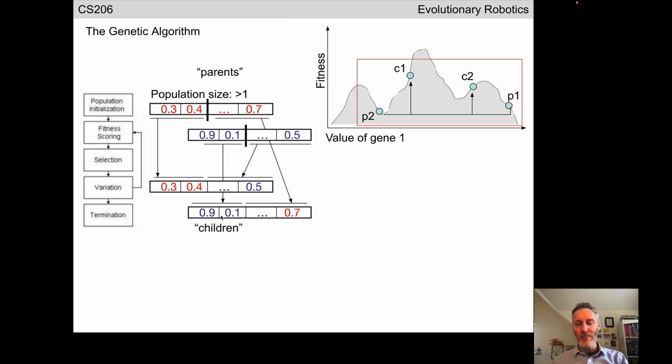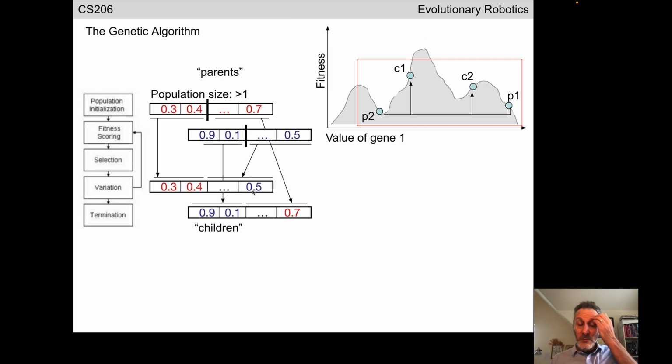Child 2 is the opposite. We take the right-hand material from parent 1 and the left-hand material from parent 2 and put that in the second child. So we're recombining genetic material in different ways from these two parents. In our cartoon example here, child 2 was unlucky. It somehow got genetic information that left it stuck on a local optimum.